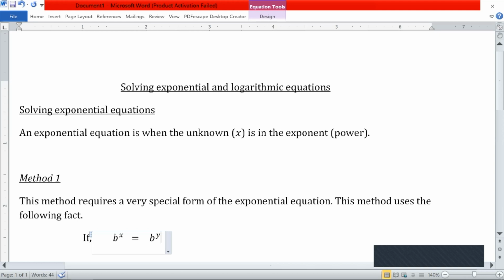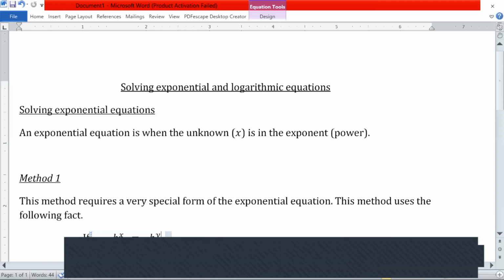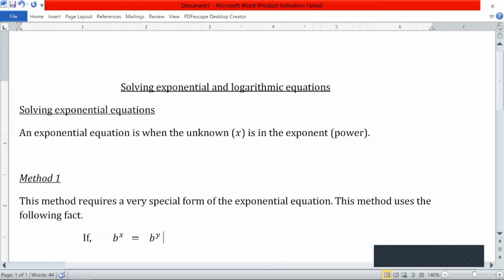If you have an equation in this form, notice that the bases are the same. Then what can you say about the two powers? The two powers have to be the same. This is what we use to solve the equation I just showed on the board.